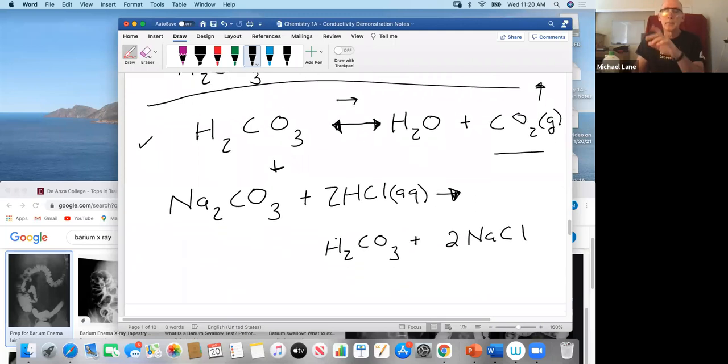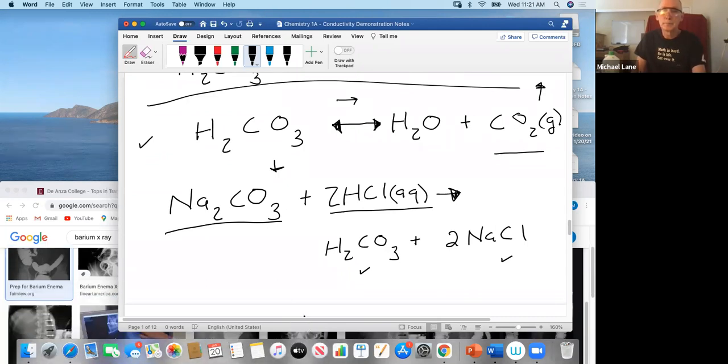Well, that's all well and good, and that is correct. However, when you combine these two materials, the observation will be that bubbles form. This is not a gas. This is not a gas. So where do the bubbles come from? The bubbles come from the subsequent reaction, right?